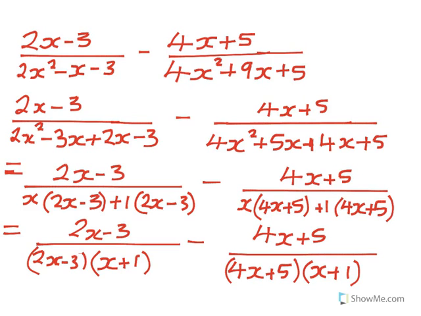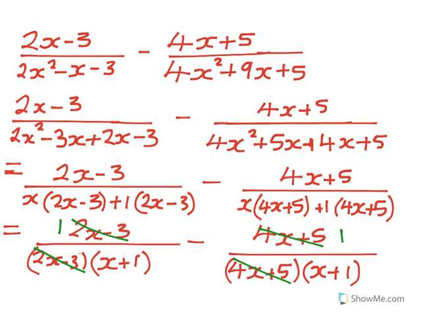So what are you noting? You are noting that 2x − 3 cancels, and 4x + 5 cancels. In other words, on top there is a 1, and here on top there is a 1.